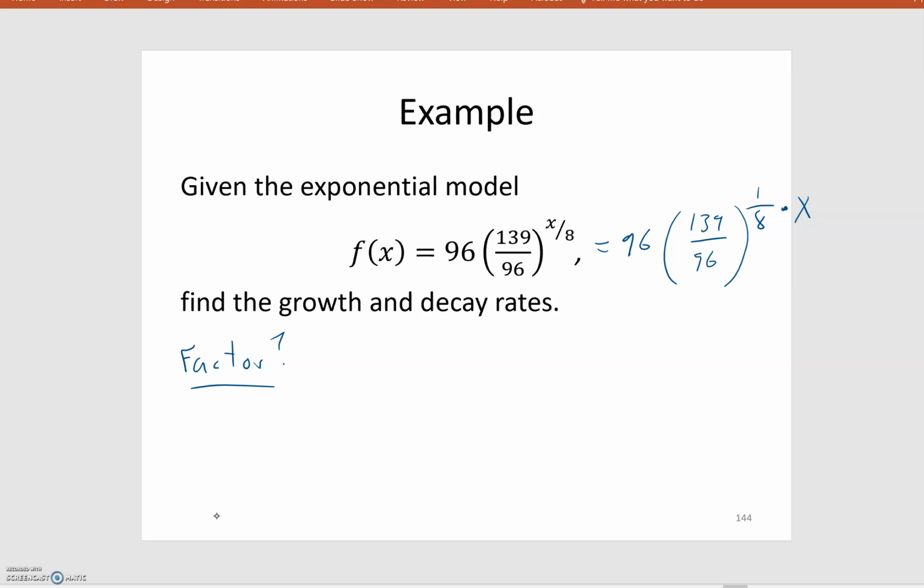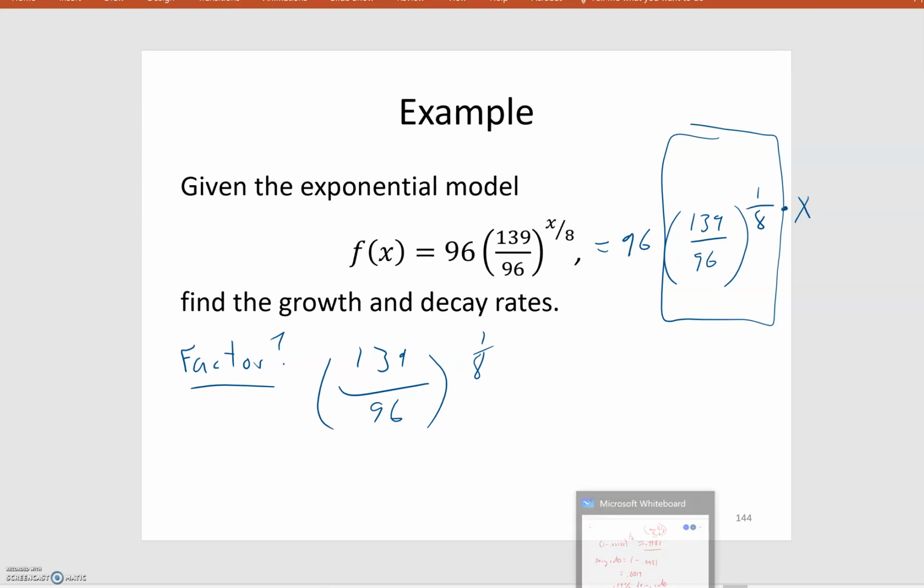So the factor is all this stuff right here. I left out the initial value and I left out the variable, but not all of the exponent, just the variable part of the exponent. So the factor is 139 over 96 to the 1/8 power. And so I need to get the rate from that. So how do I do it?